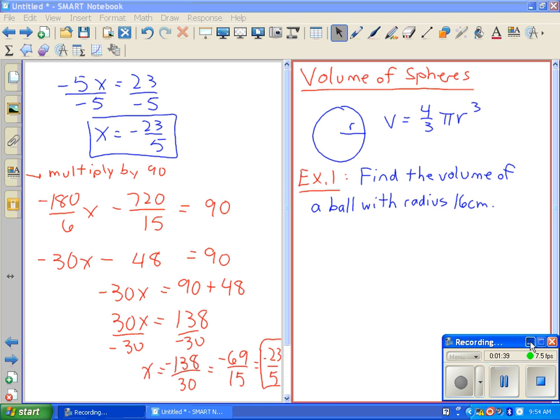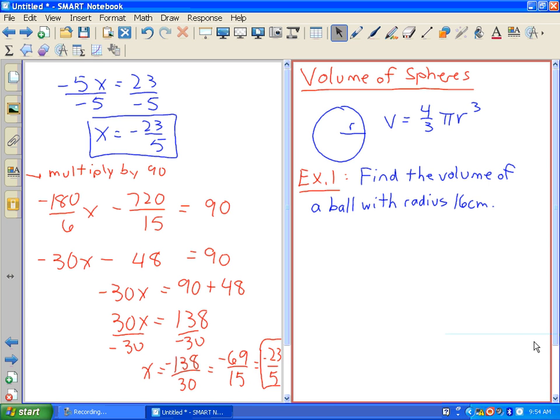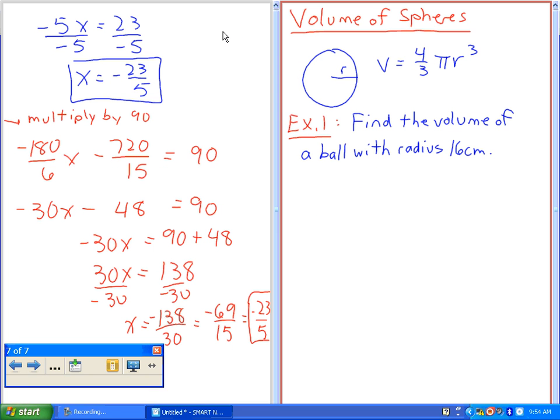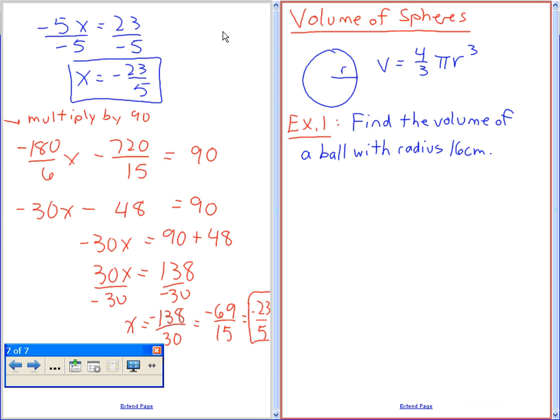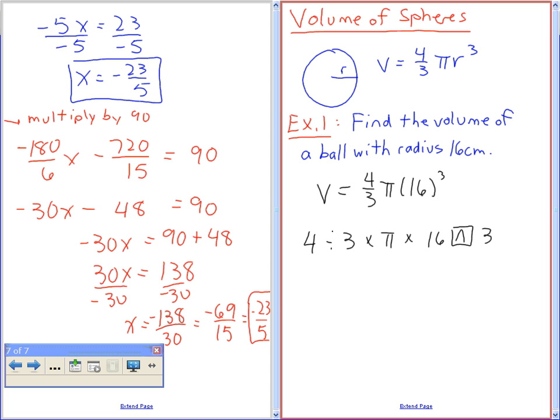For the calculator, all we're going to be doing is just subbing the numbers in. So it's going to go V equals 4/3 pi 16 cubed. If you're doing this on your calculator, you're going to do 4 divided by 3 times pi times 16 cubed.